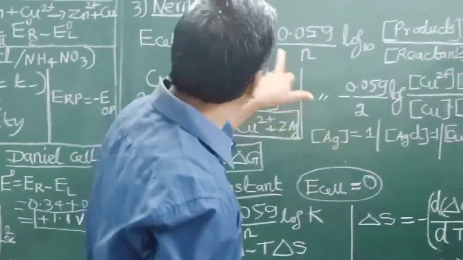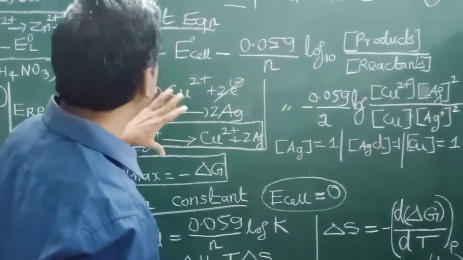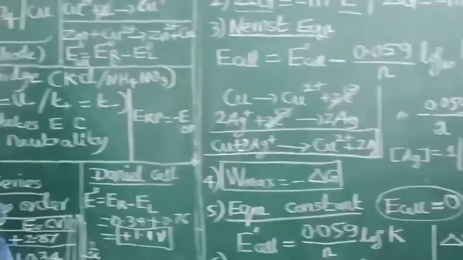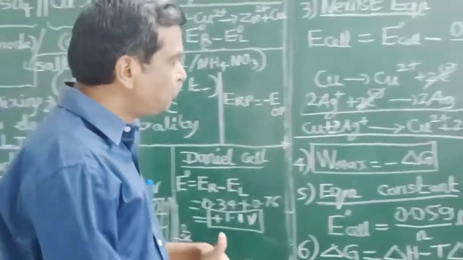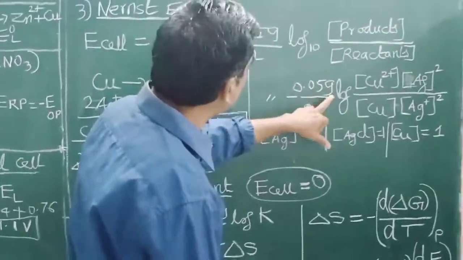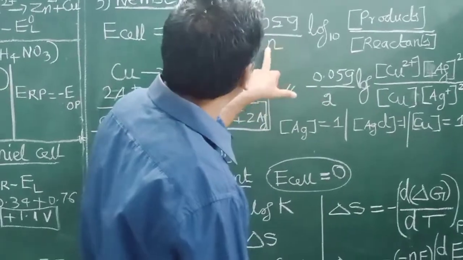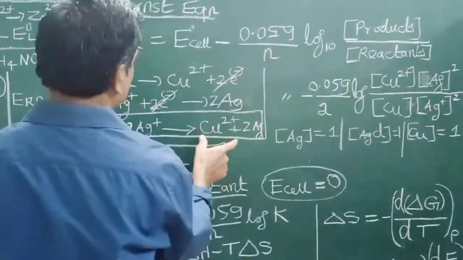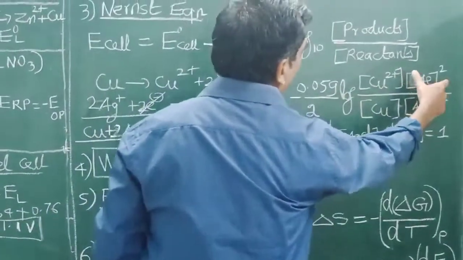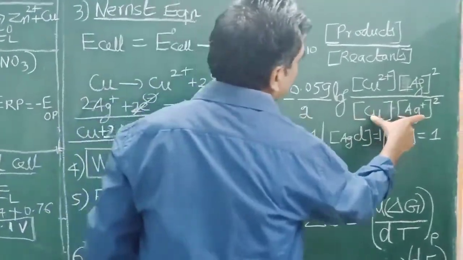Let us substitute here. E0 cell we can calculate from the electrochemical series. It is given in the Clark's table. Minus 0.059 divided by 2, 2 electrons are involved, log to the base 10 of the concentration of product divided by the concentration of the reactant.